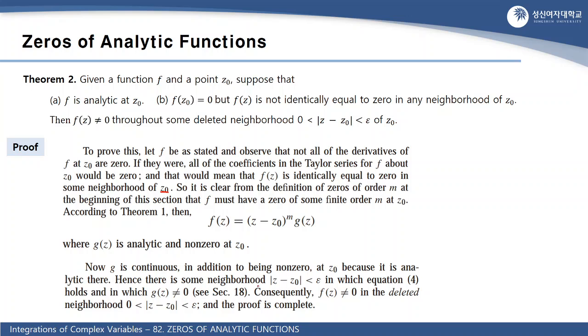Hence, there is some neighborhood |z - z₀| < ε in which equation 4 holds, and in which g(z) is not equal to 0. Consequently, f(z) is not 0 in the deleted neighborhood given by this. So the proof is complete.